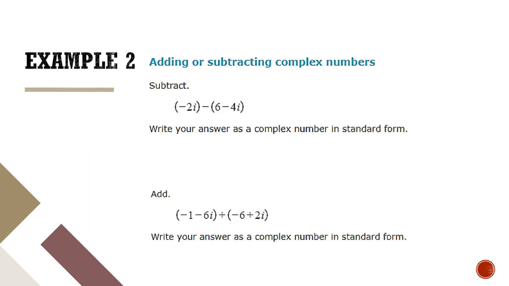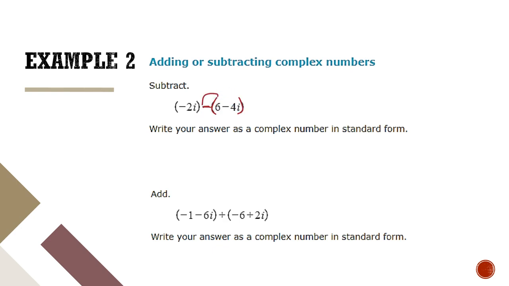So let's do a couple examples with adding or subtracting. The first one is subtraction. And just remember, when you're subtracting a whole set or a group of numbers, the quantity, if you want to call it that. So we're taking negative 2i minus the quantity of 6 minus 4i, meaning we're going to subtract the 6 and subtract the negative 4i.